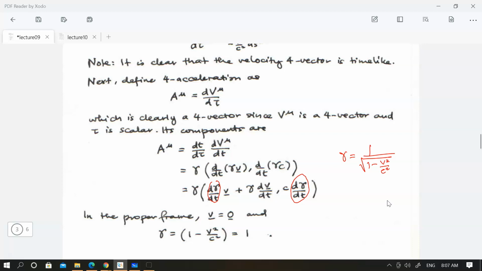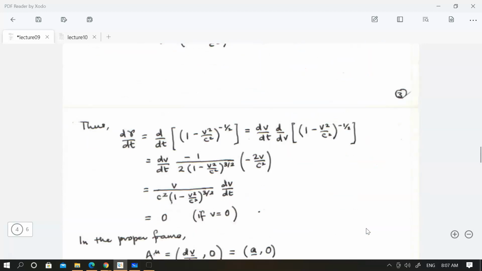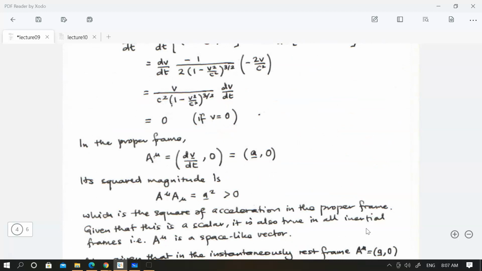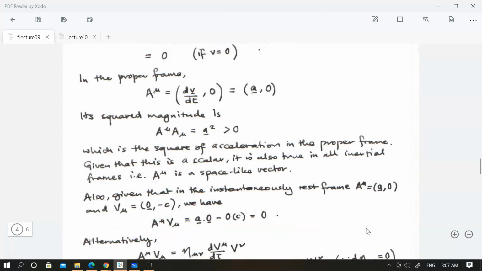So that's why we have that particular factor coming in. I think we've gone through this. In the proper frame, you can just have the ordinary velocity.